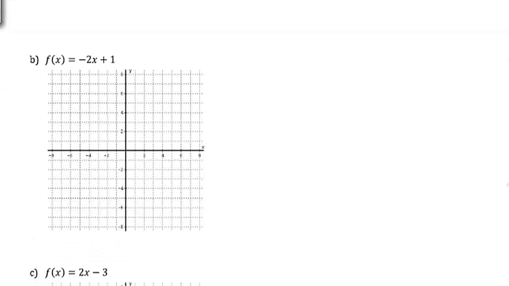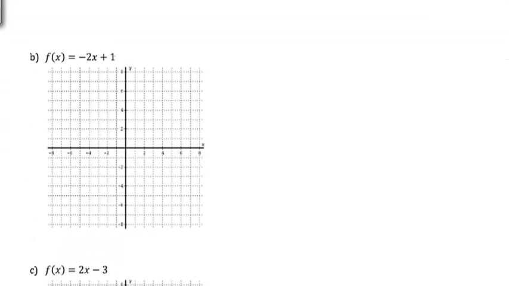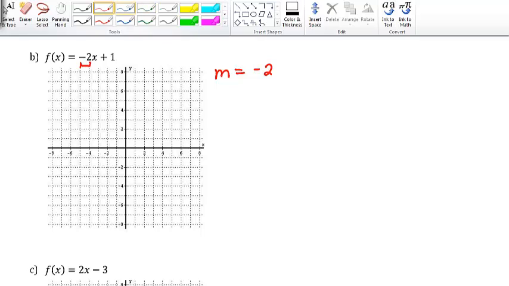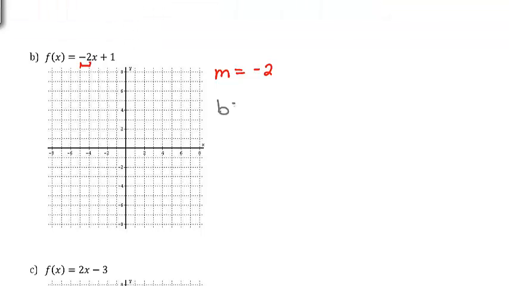So here's another one. F of x equals negative 2x plus 1. So our slope for this one is -2, so it's always going to be that number in front of the x there. And our b, well, I used gray for it, we'll try to stick with the same colors.